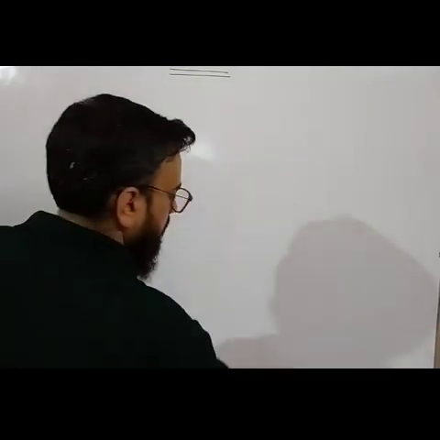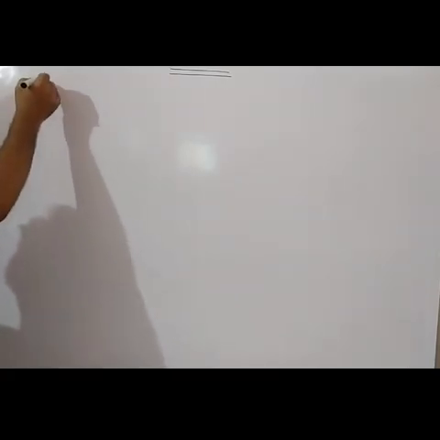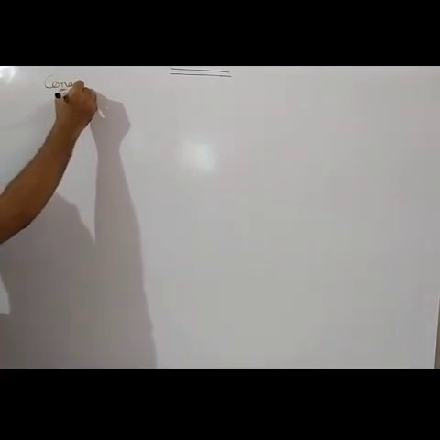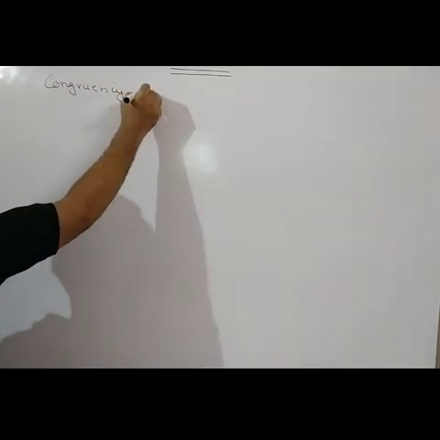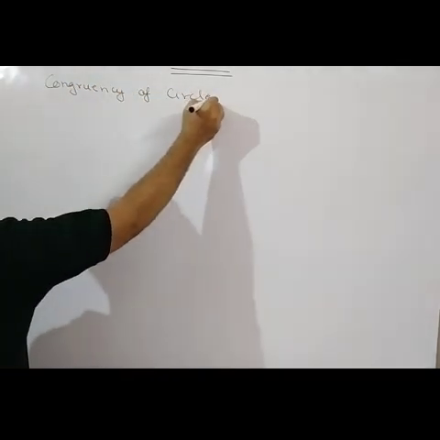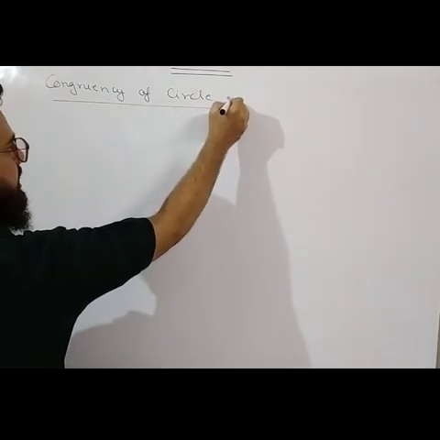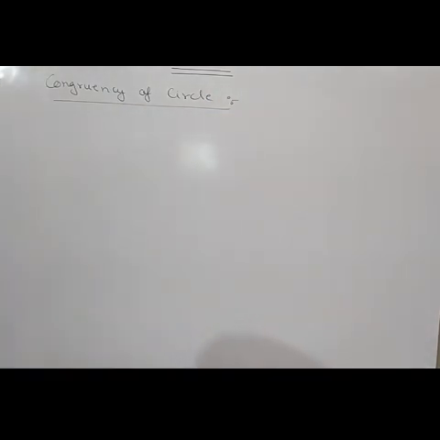Now let us start with the first theorem, which is congruency of circle. We have studied the chapter congruency of triangle. Now we are going to discuss congruency of circle.